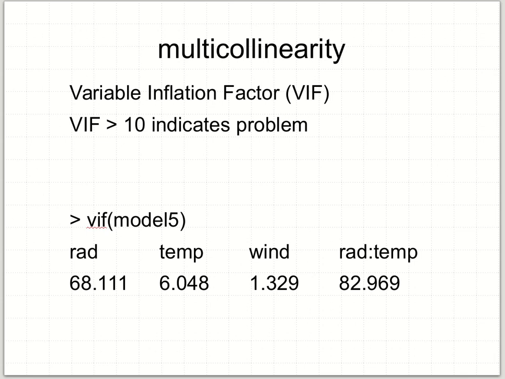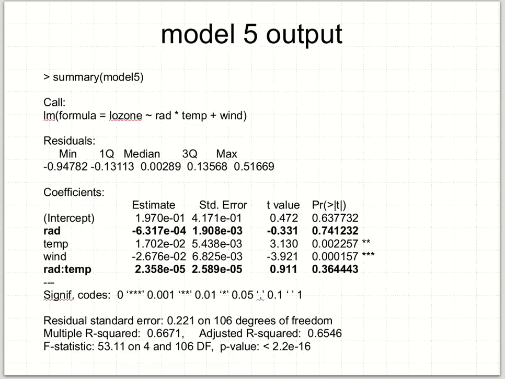So I need to address that because these are clearly indicated as being a problem in the analysis. So how might I do this? Well, I think to go back to the model, what I should be doing is evaluating what to do with these complicated scenarios where I have this interaction and those two are correlated with each other.